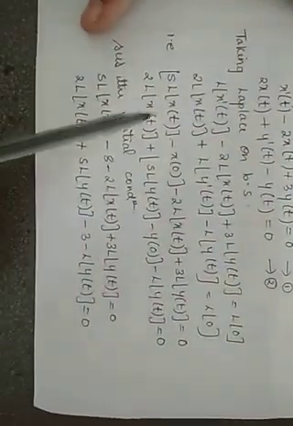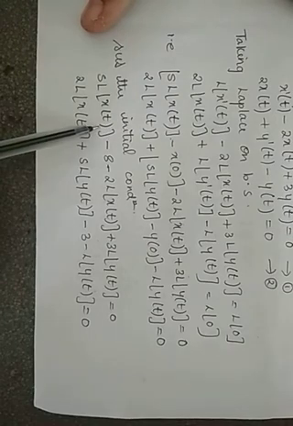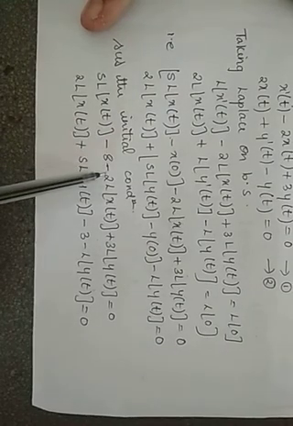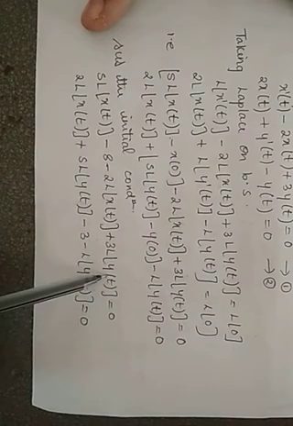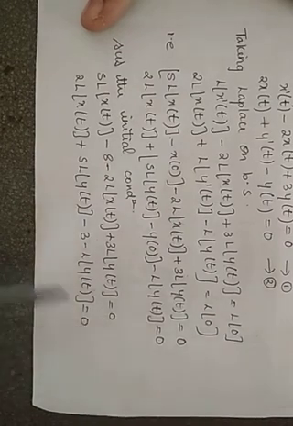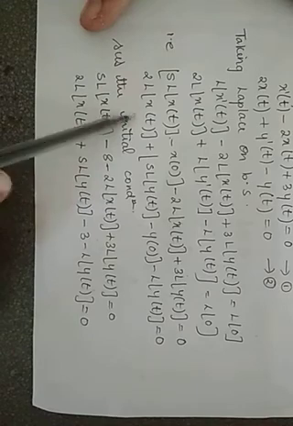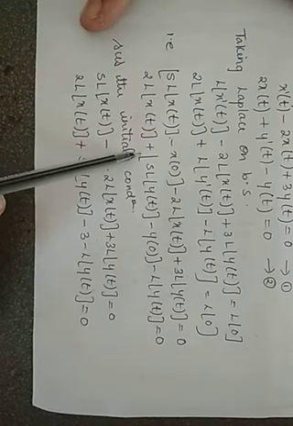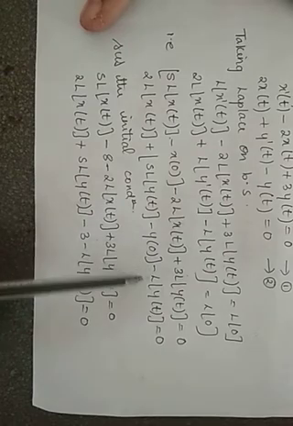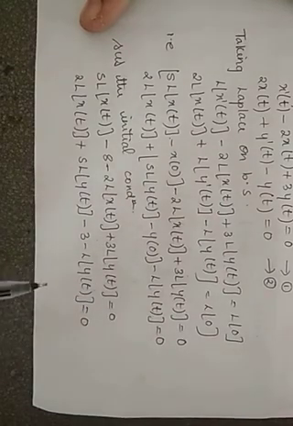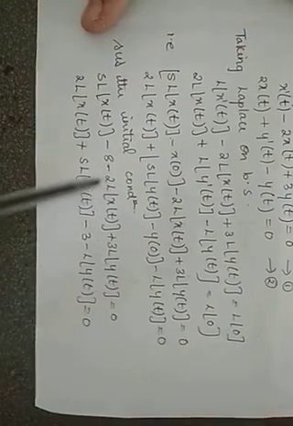Substitute. So s into Laplace transform of x(t) minus 8 minus 2 into Laplace transform of x(t) plus 3 into Laplace transform of y(t) is equal to 0. 2 into Laplace transform of x(t) plus s into Laplace transform of y(t) minus 3 minus Laplace transform of y(t) is equal to 0.